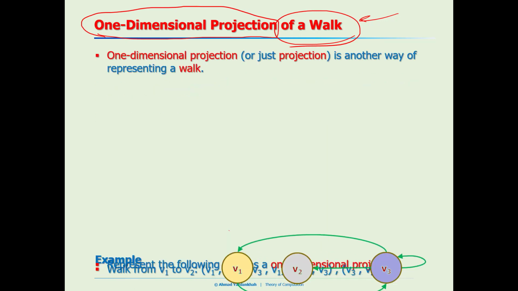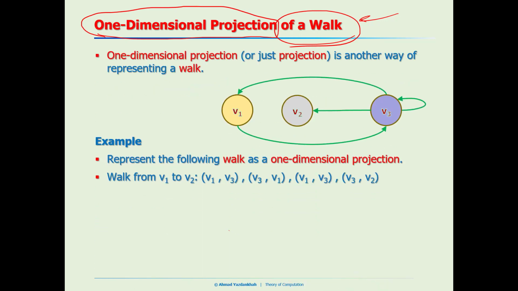All right. Now the question is, what is the one-dimensional projection of a walk? Let me explain that with this example. Look at this walk from V1 to V2. It goes V1 to V3, V3 to V1, V1 to V3 again, and then V3 to V2.